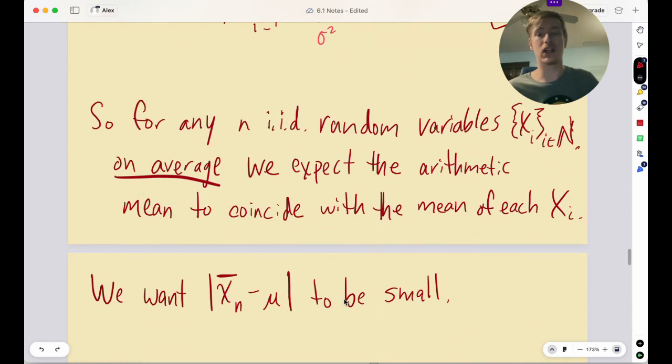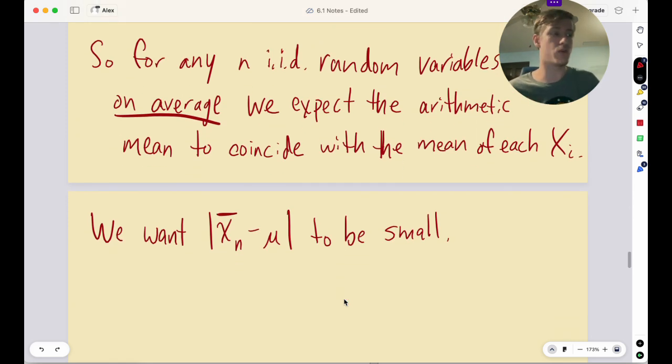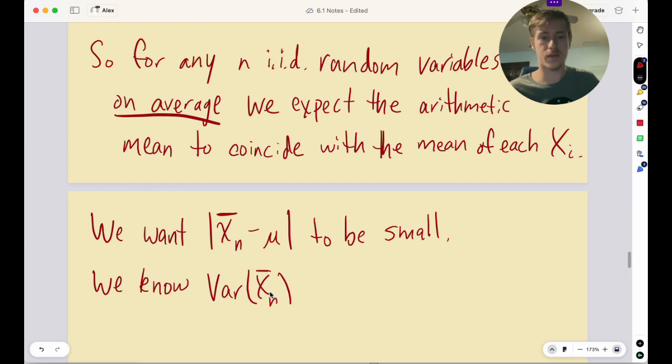Now, clearly, these do coincide. At least your gut should be telling you that from the Python simulation, right? If I average all of those results, if I take the sample mean over 100,000 trials, that got pretty close to 0.5, didn't it? So somewhere we kind of know that these are close, but we need to actually prove this. And the whole idea of the proof relies on the fact that the variance of x sub n bar was equal to sigma squared over n.